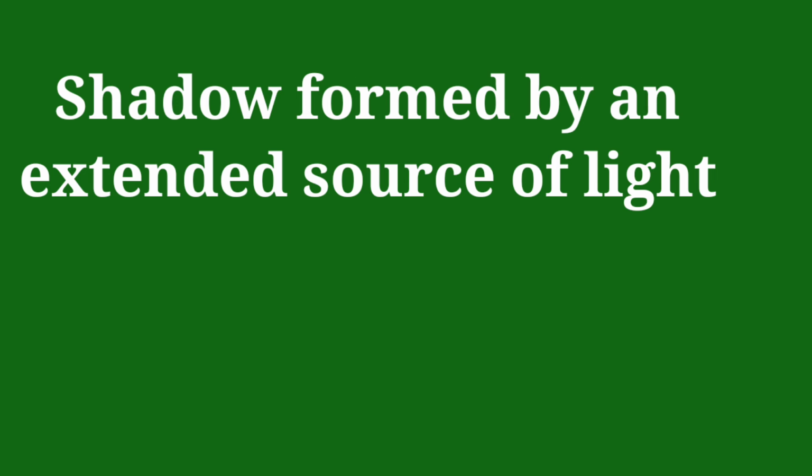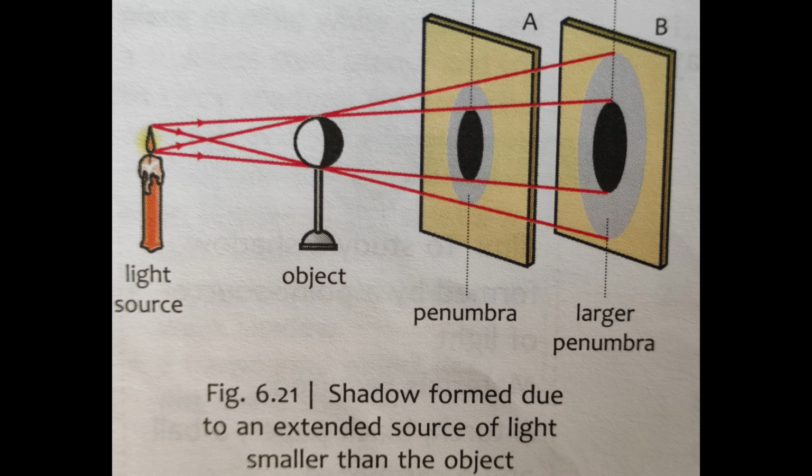Now, shadow formed by an extended source of light. The shadow formed due to an extended source of light smaller than the object. If the object is smaller, then what will happen? And if the object is larger than the light source, then what will happen?